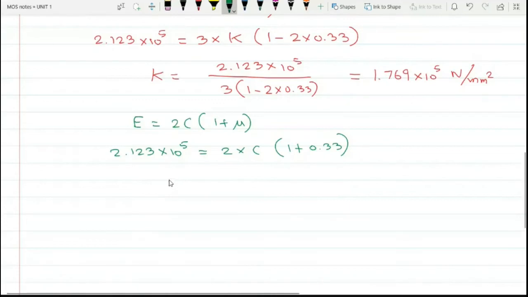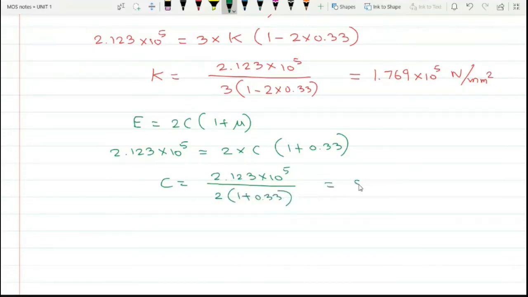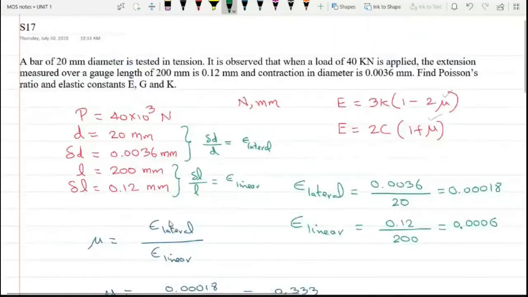So your C will be 0.816 into 10 power 5, or 0.815 into 10 power 5 Newton per mm square. So that's the problem. We identified what is the E value and G value as well as K value. Of course, Poisson's ratio also.